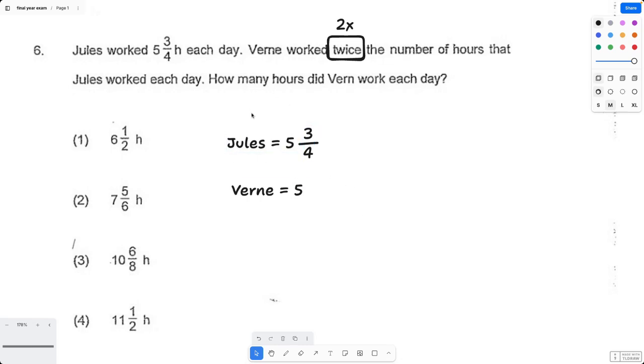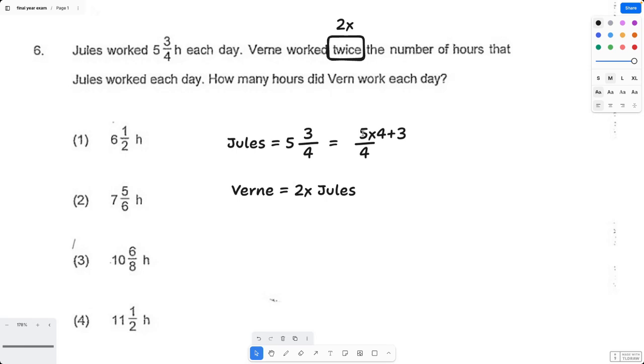When you have a mixed number that is multiplied by 2, you need to convert it into an improper fraction. So let's make it easier. Instead of 5 3/4, we're going to make this into an improper fraction, which is 5 times 4 plus 3.